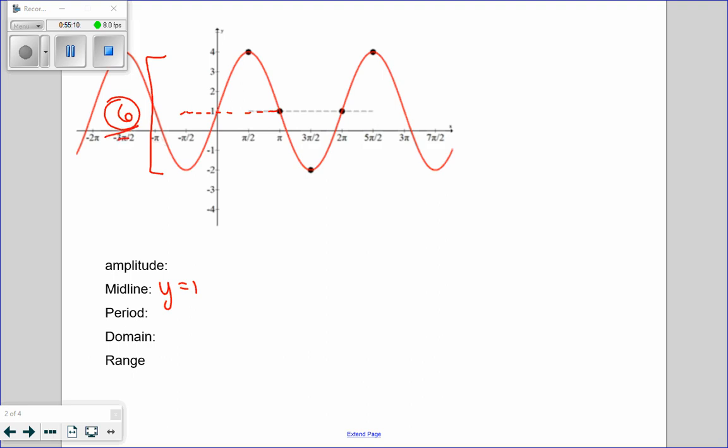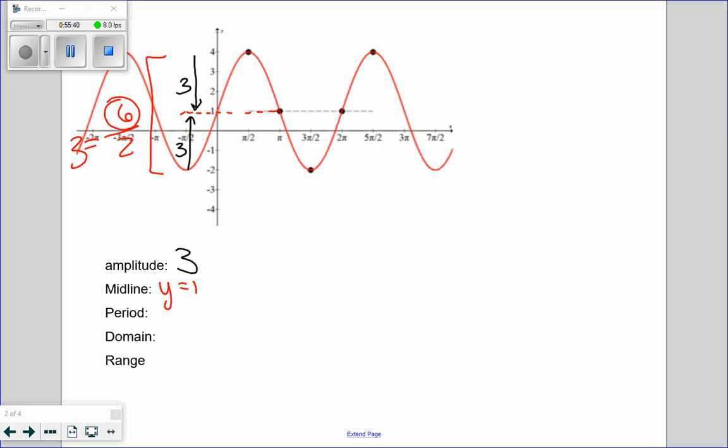Half of that is 3. If you go 3 up from the bottom and 3 down from the top, you will end up at 1. Also visually, if you hold a ruler across the graph and stop once you see that it's half and half, that's all you need to do. So the amplitude is 3, midline is 1.